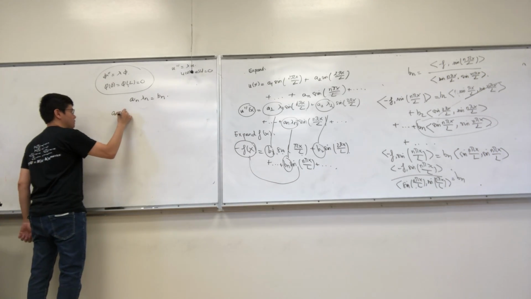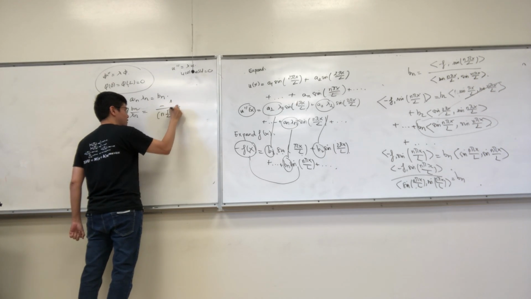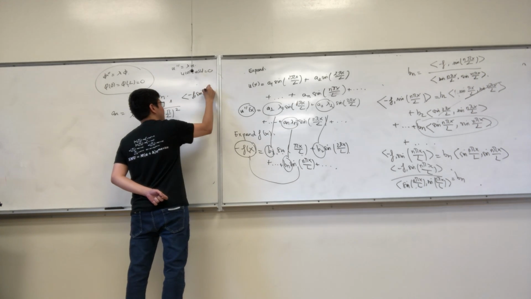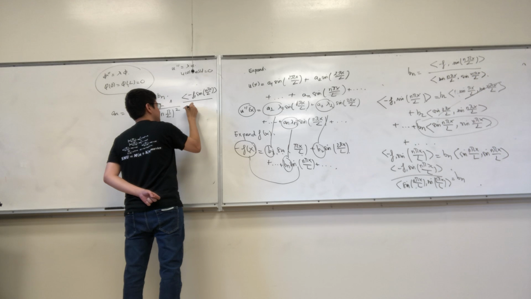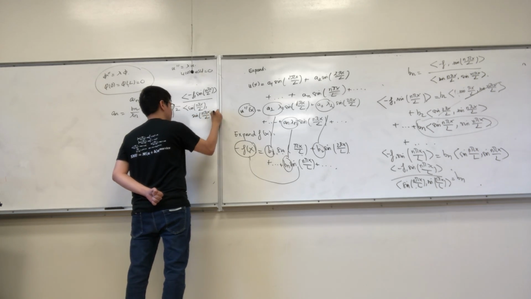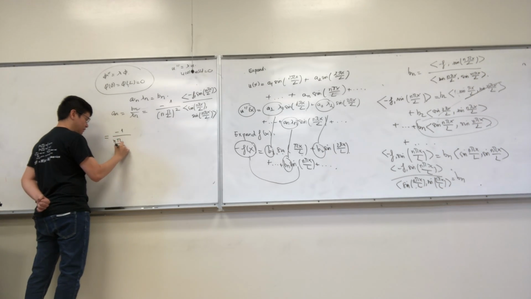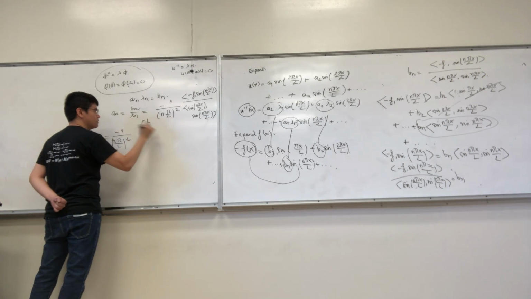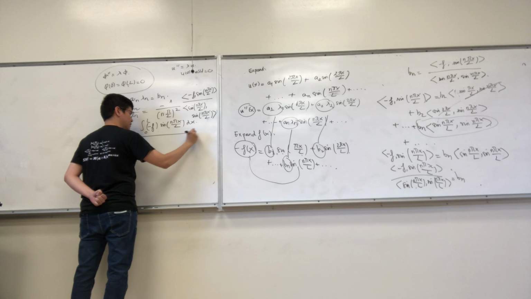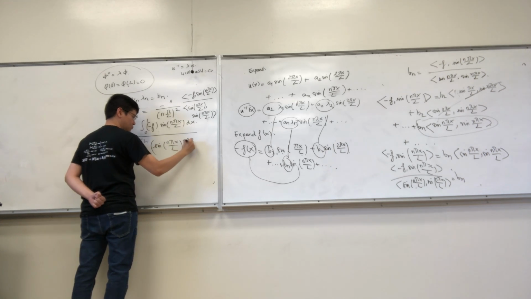So An will be Bn divided by lambda n, and this is minus 1 over n pi over L squared times that fraction: minus f sinus of n pi x over L divided by sinus of n pi x over L, sinus of n pi x over L. So this gives me minus 1 over n pi over L squared, integral from 0 to L of minus f sinus of n pi x over L dx, divided by the integral of sinus of n pi x over L squared dx.